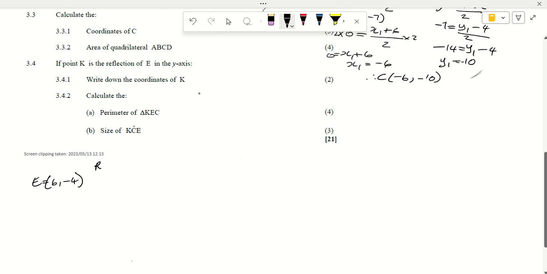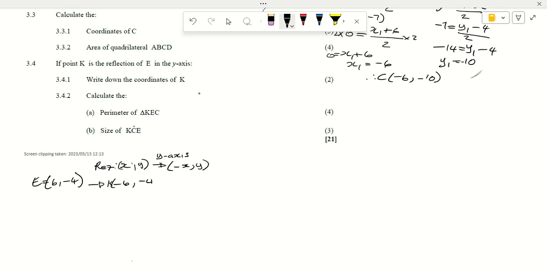So now, reflection in the y-axis, when you have x and y, will change the sign of x, and then y will remain the same. So now we are going to do the same. So it's going to be -6 and -4.